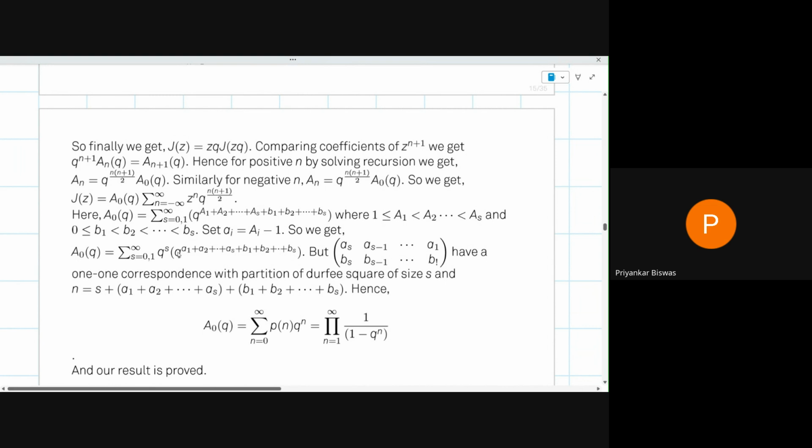If you represent it in this form, in Frobenius symbol, we have a bijection from a1 to as and b1 to bs, and this matrix, from the partition of n. So for the coefficient of q power n, you can get the number of ways you can represent it in this form.